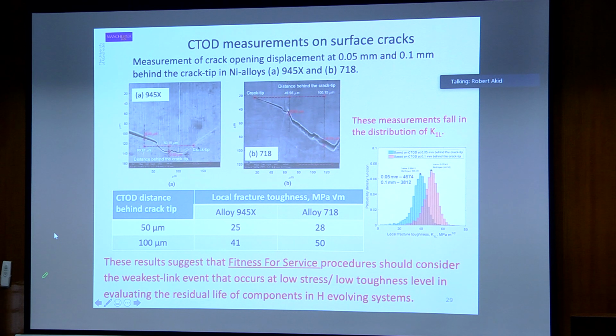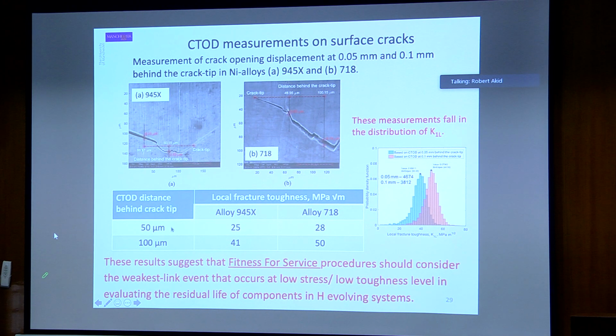So what we've done is we've mapped, analysed a lot of cracks on the map, and we get a distribution of the crack tip opening displacements, and hence we get a distribution of the local fracture toughness.